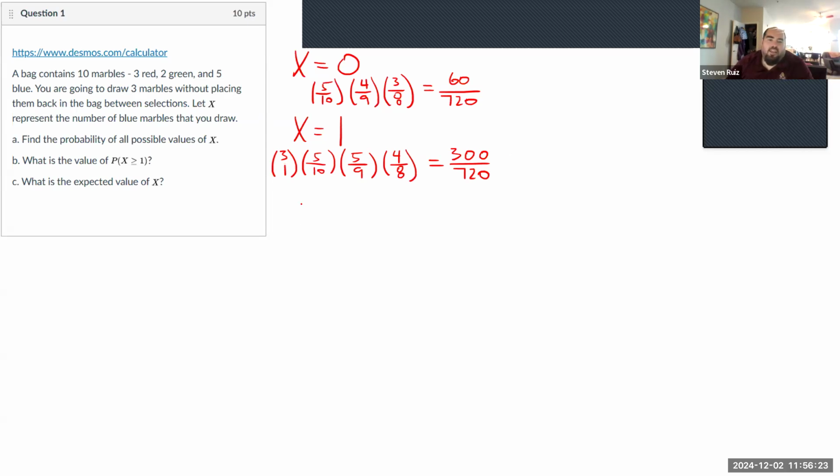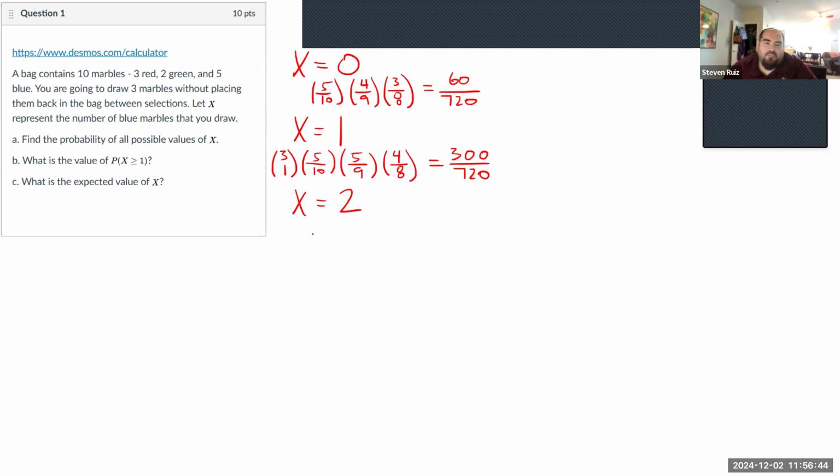All right, so moving on to x equals 2. And this calculation is going to look kind of familiar. So I'm going to follow the same logic. I'm going to leave the combinations part until the end, but let's say that really it doesn't matter where my blue marbles are.